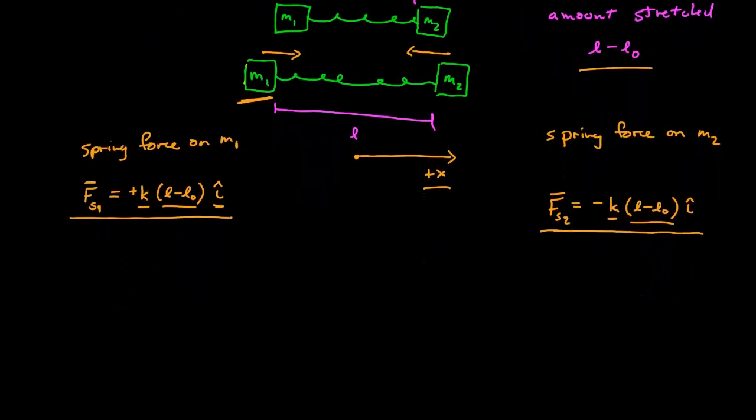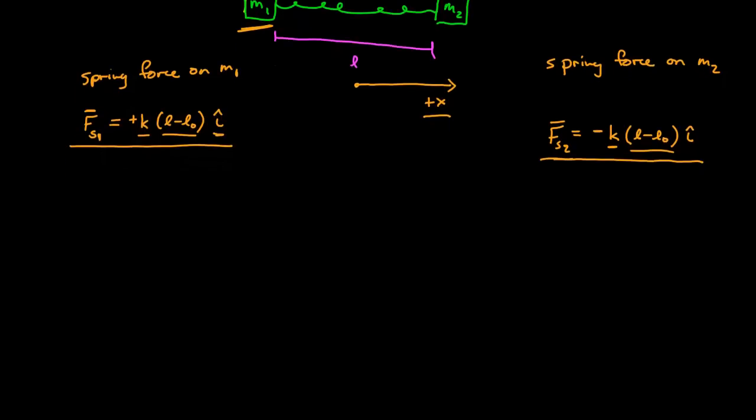Okay. Before we leave this, I want to look at a subset of very common spring problems. Most often, one side is attached to something immovable, a fixed point, a fixed object, say a wall.